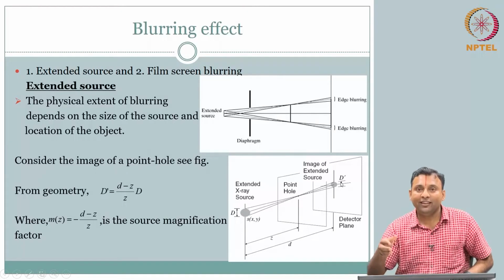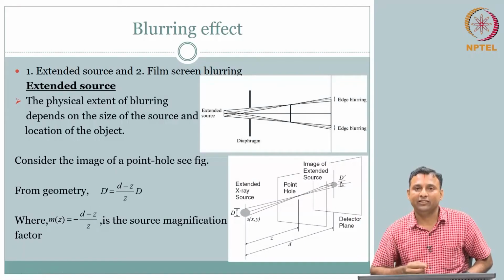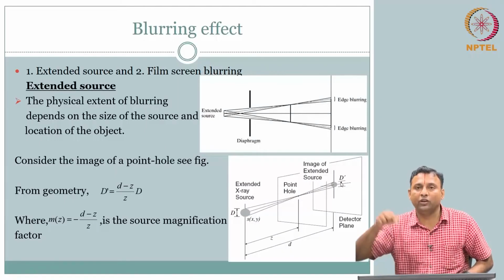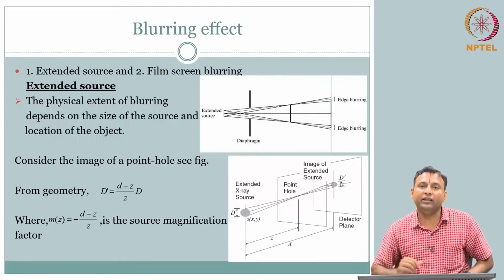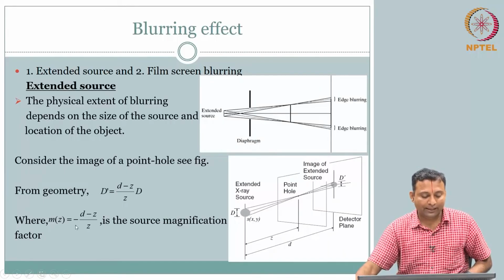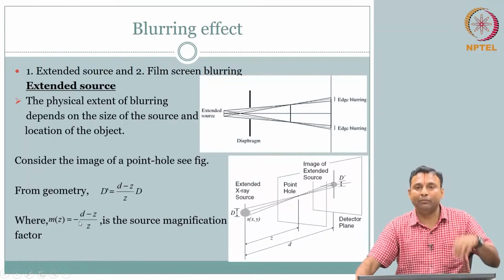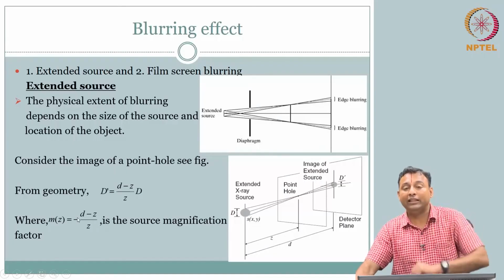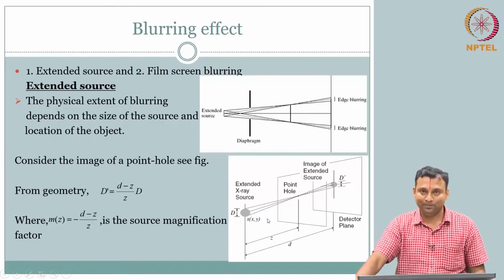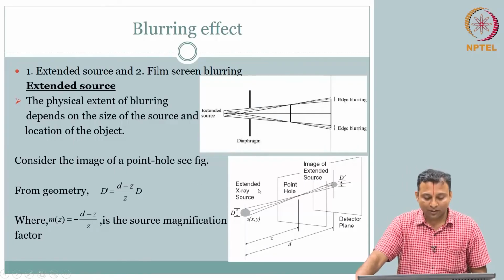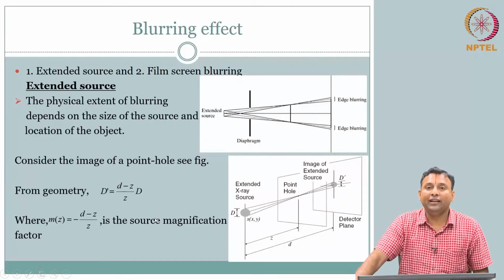So on the detector, this is an inverted image. This negative essentially implies that the magnification happens, but it is an inverted image that you are recording. So that is your effect due to your extended source.